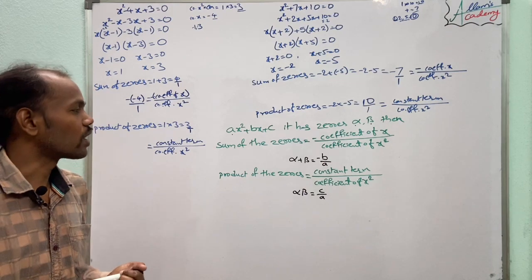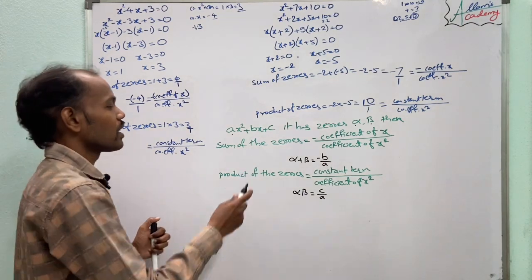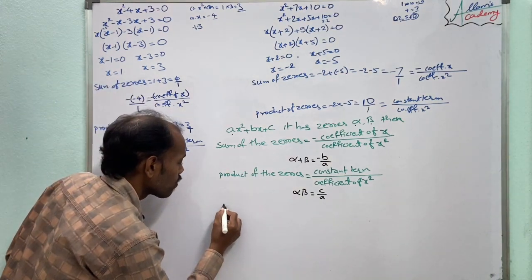If only the zeros alpha and beta are given, then we can find the quadratic polynomial.